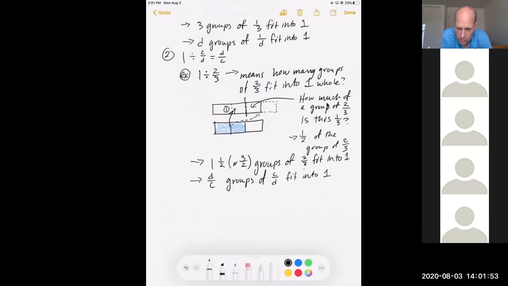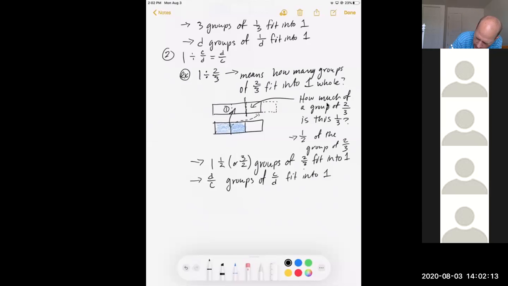We can already see the reciprocal coming in, and it happens to work like that all the time, no matter what the groups are. You always take the denominator and make it a new numerator. Actually, maybe the numerator becomes a denominator, because I'm looking at that as the new whole.